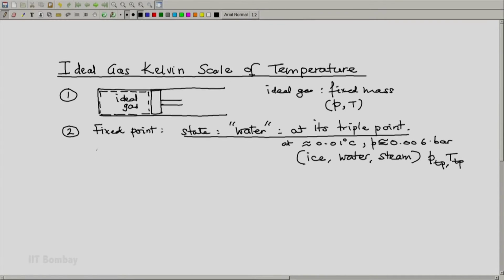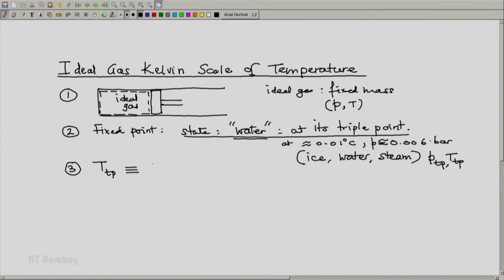And this temperature of the triple point, the reference state of water, is now defined just the way we defined the two fixed points for the Celsius scale of temperature, 0 degrees C and 100 degrees C. We define this to be 273.16 Kelvin.